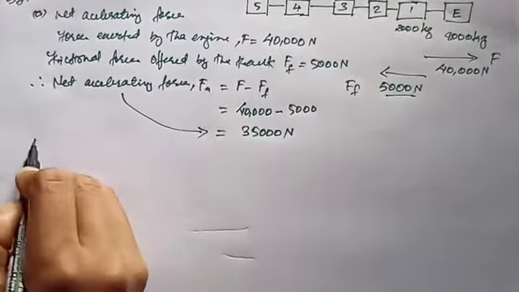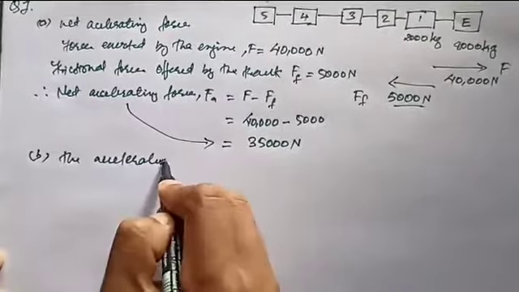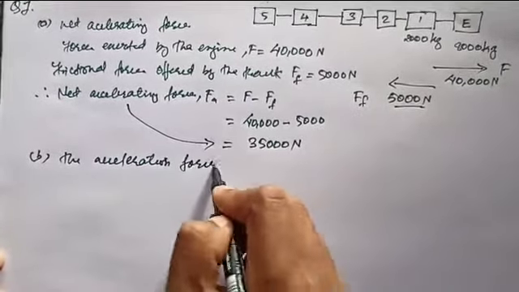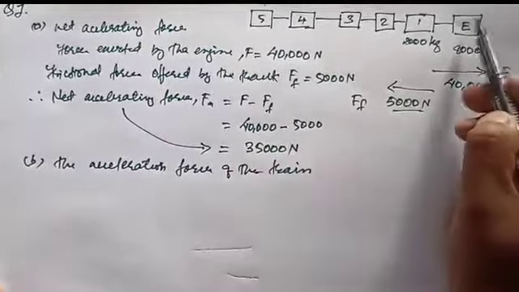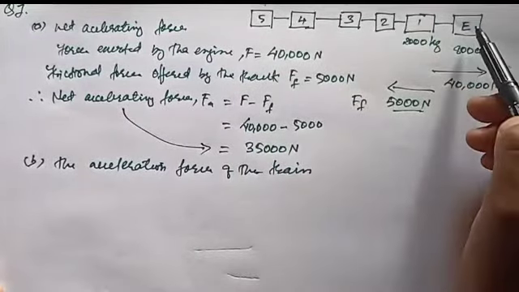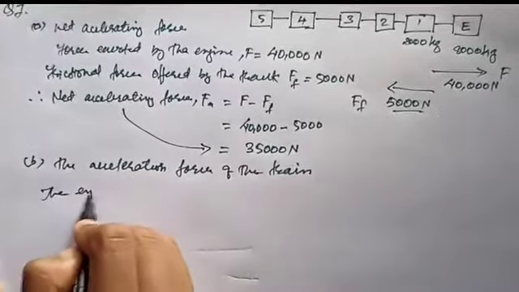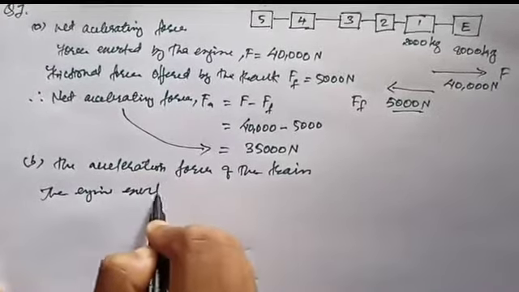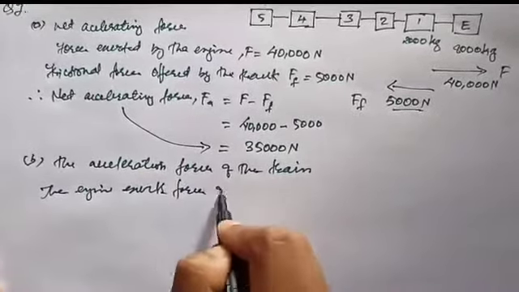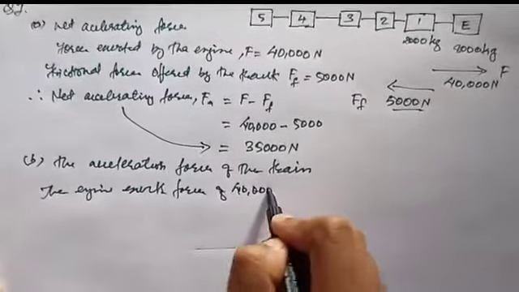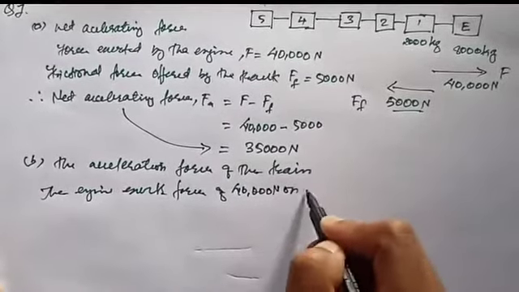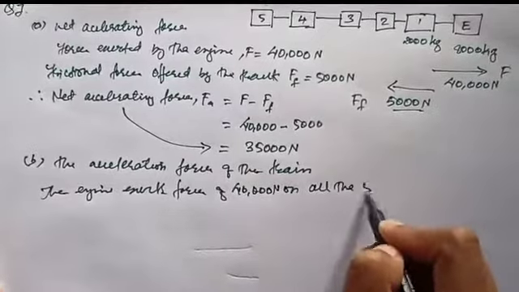Now in the second case, we have to calculate the acceleration of the train. So this engine exerts a force of 40,000 Newton on all the 5 wagons.